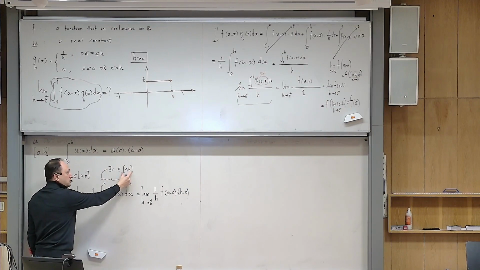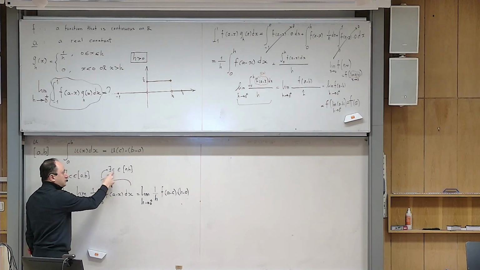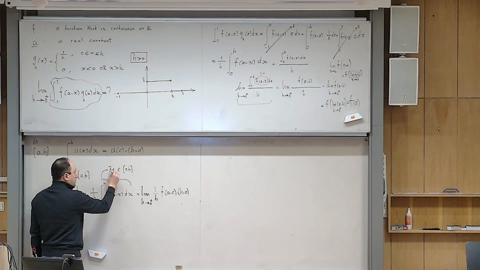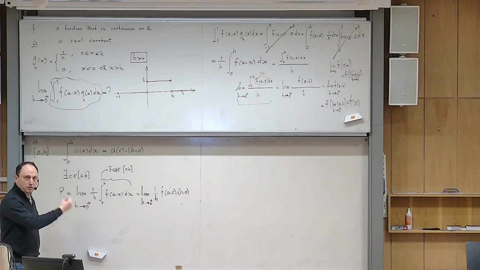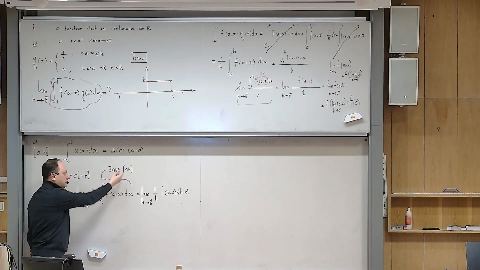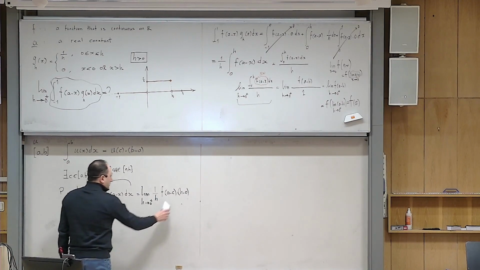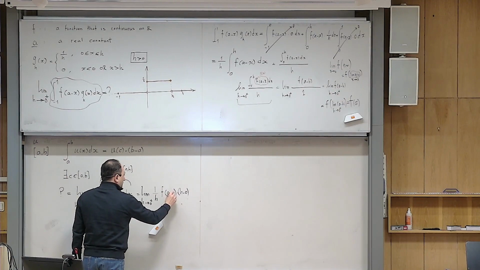Because if you change h, for example making it smaller, you're making this interval shorter. So there is no guarantee that for every h, c is the same. c depends on h. To show that, let me write it as c of h. c itself is a function of h.